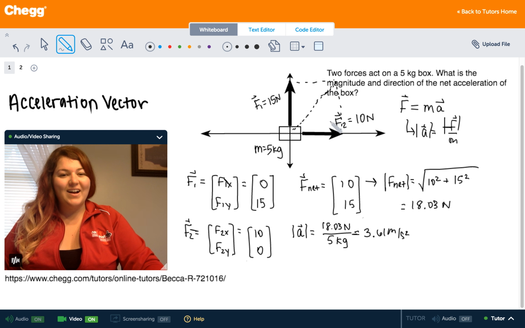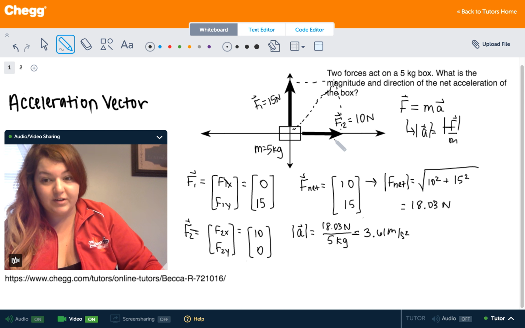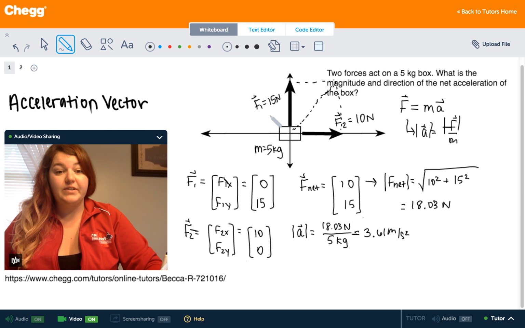And we can make a triangle out of that. The x component of this triangle is F2, or 10 newtons. The y component of this triangle is F1, or 15 newtons.